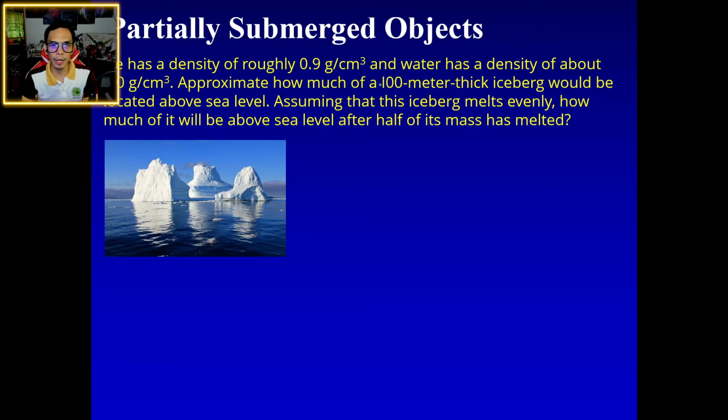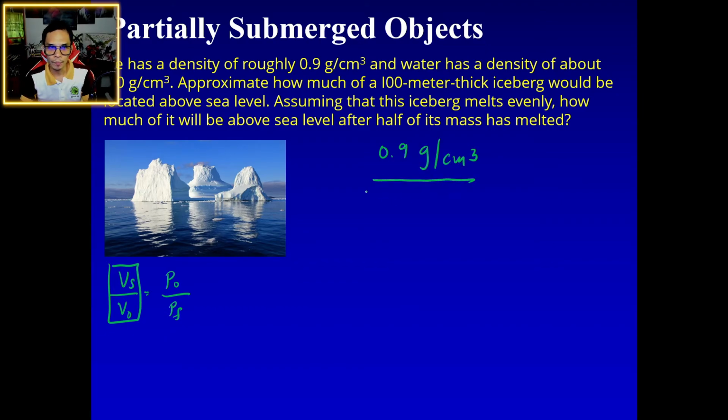Okay, so let's solve for this one. Again, we can use the fraction. We can use this formula: V sub S over V sub O times P sub O over P sub F. Alright, so let's substitute everything that we have right here. Since we are looking for this, we have 0.9 grams per cubic centimeter over 1.0 grams per cubic centimeter.